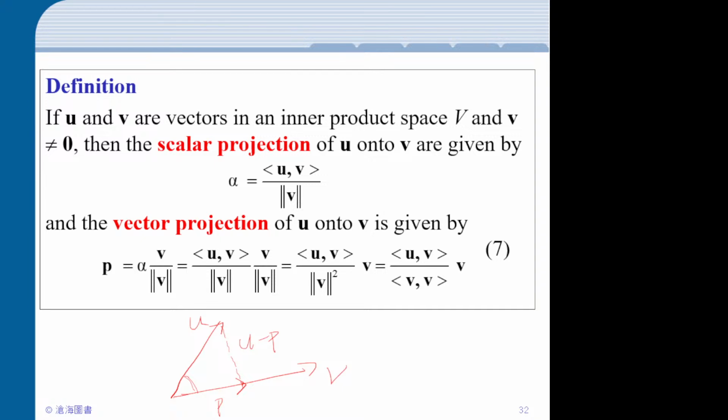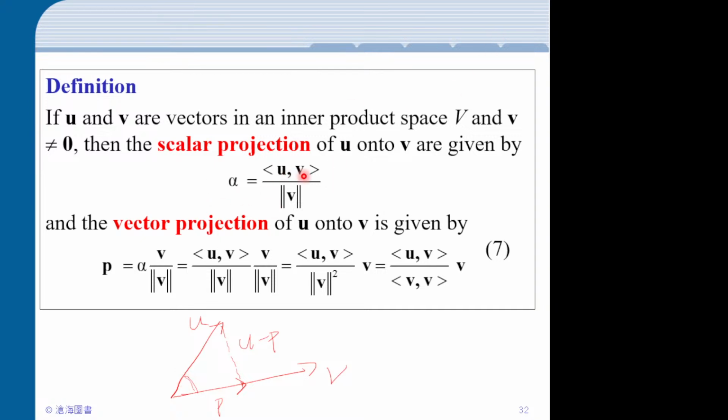The intuition is that the inner product is the length of U times the length of V times cosine theta, but we haven't defined theta here, so this is just an intuition.